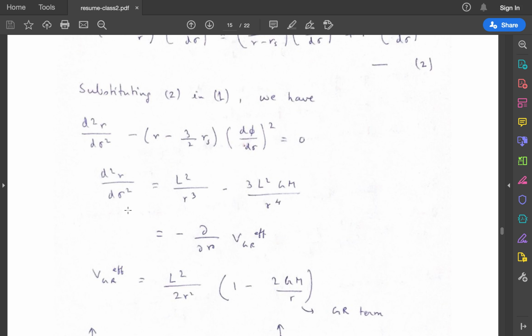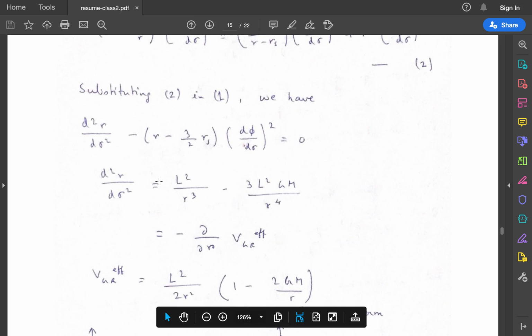However, we know what d phi by d sigma is from our case mu equal to phi, and this is nothing but L by r square. So if I put it back, we have d square r by d sigma square equal to L square by r cube minus 3L square GM by r to the power 4.